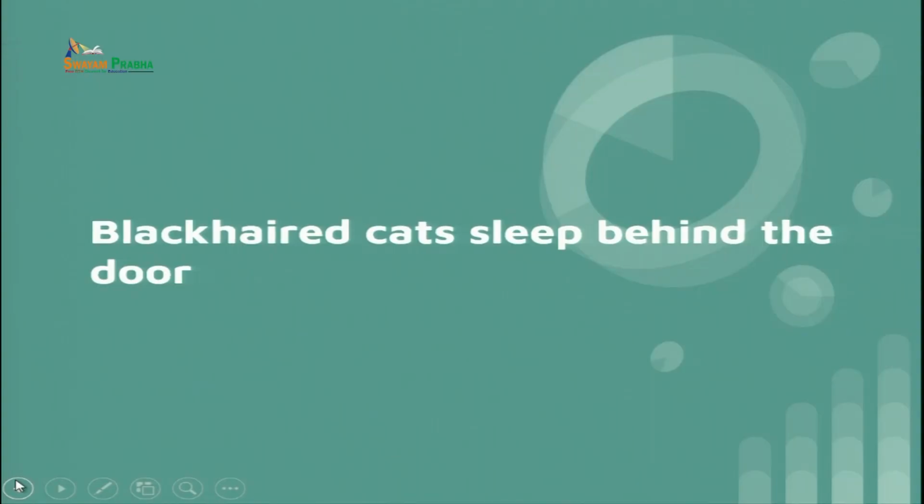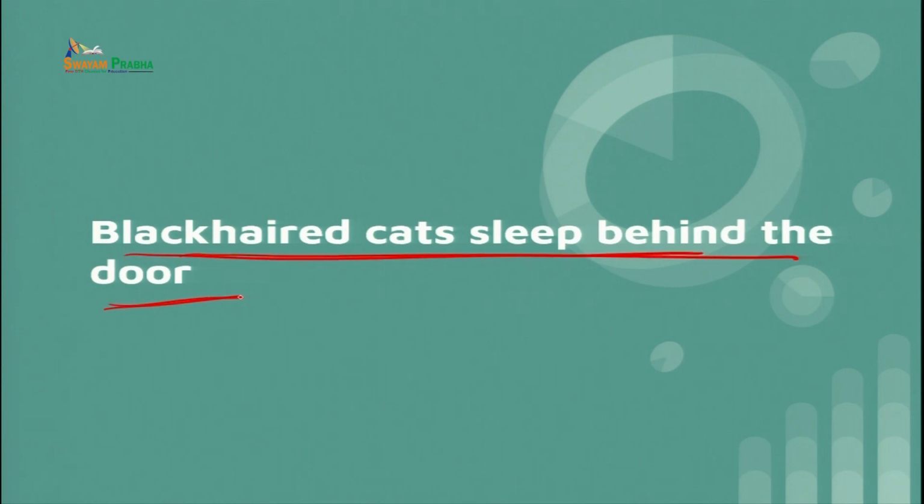In order to understand semantics in an easier way, let's consider this example. Black haired cats sleep behind the door. Okay. There you realize what syntax and what semantics is, because if you have to classify it into a tree diagram, or decompose it into several parts of speech, you will be able to do it.